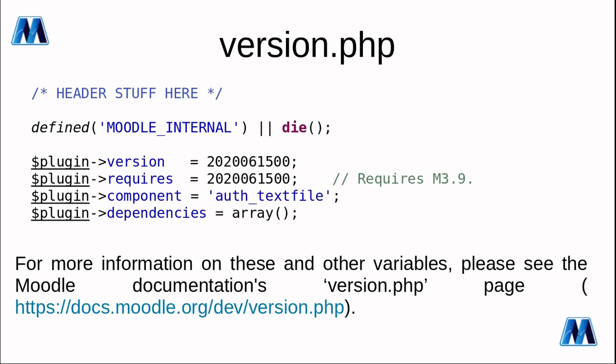Okay, there are other variables, and if you go to the documentation page at the link here, you'll get more information. It's become quite elaborate. It's turned into a more elaborate system in defining version.php. But that's your normal minimum that you'd be required to have in your version.php.